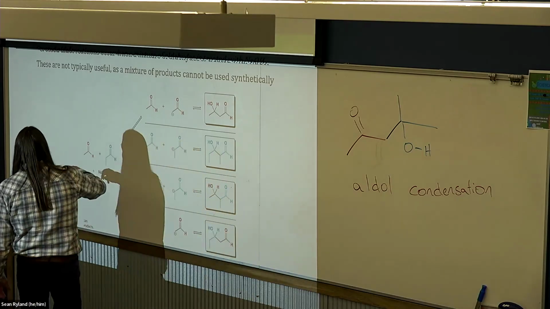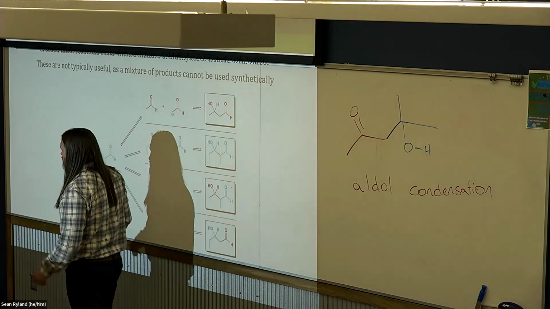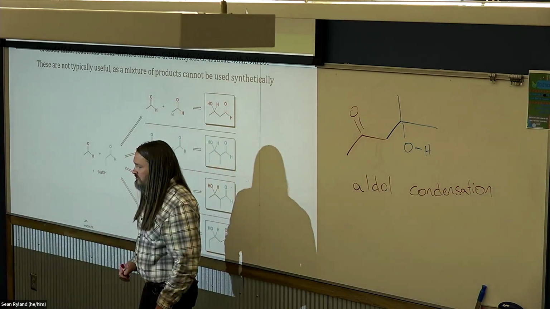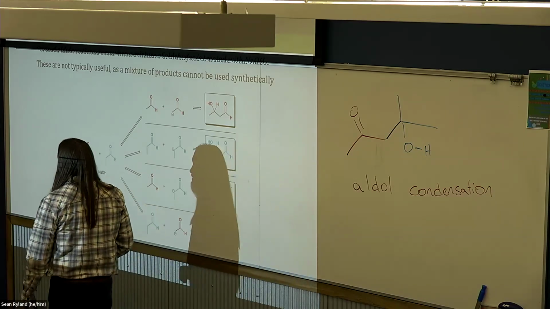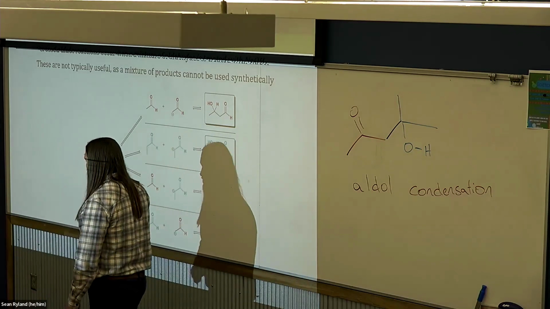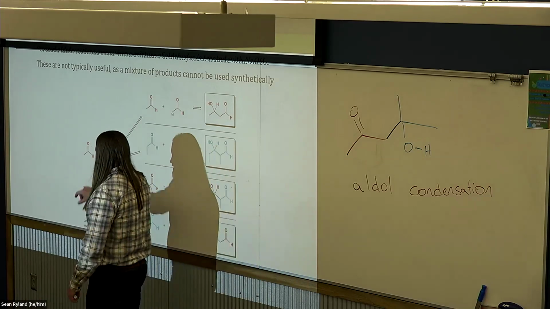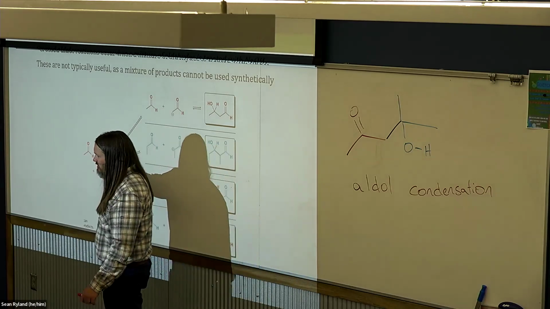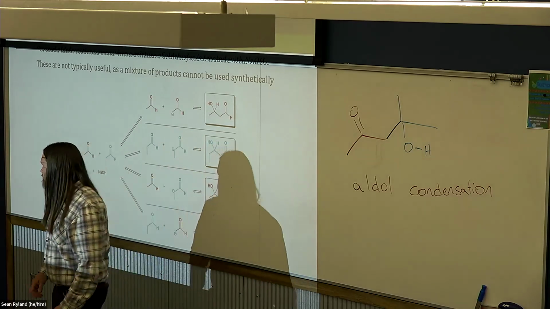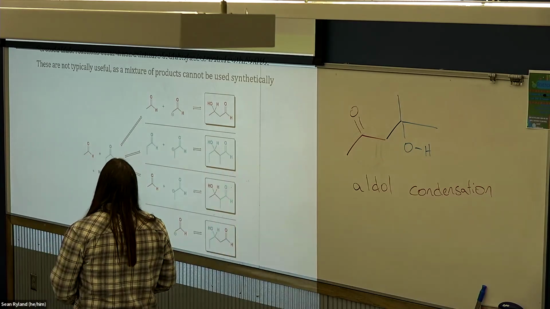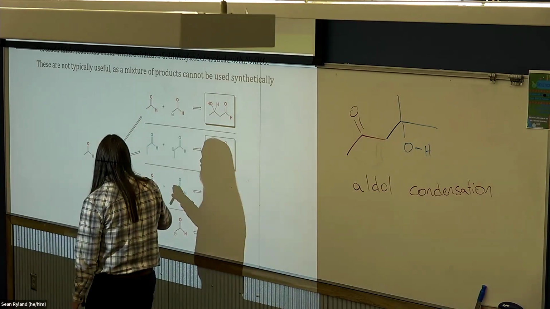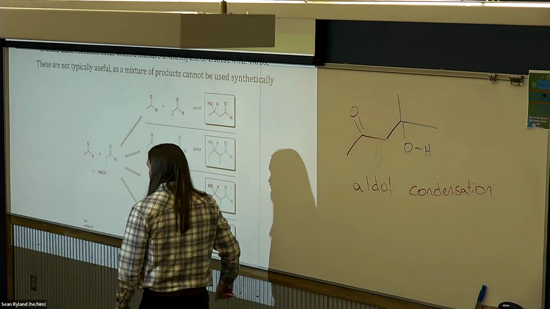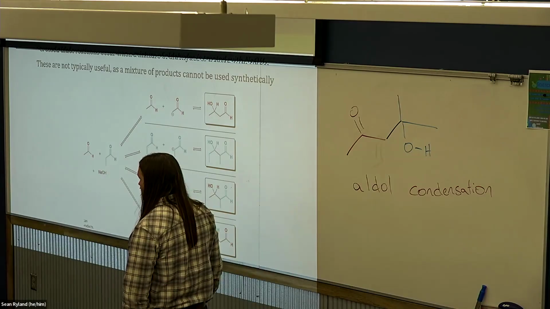Alright, so if we wanted to have two different class 2 carbonyls react together, we wanted to do a cross aldol condensation. We call it cross aldol condensation, trying to get these two molecules to react with each other. The problem with that is, unless we're really careful about how we do it, we're going to wind up with at least 4 different products.